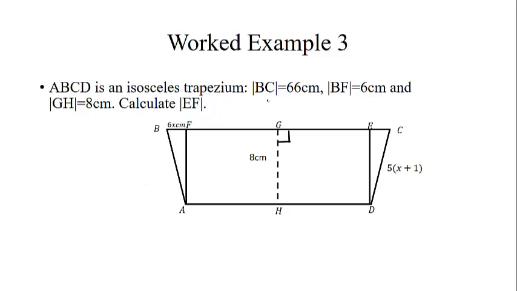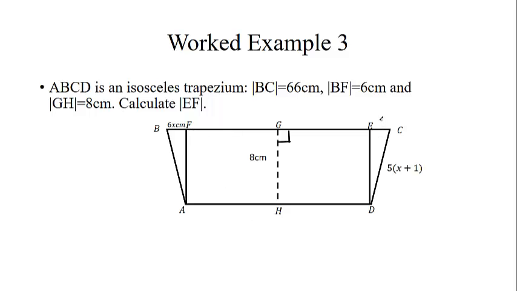ABCD is an isosceles trapezium, and we're given the measurement of BC to be 66 centimeters, then BF is 6 centimeters and GH is 8 centimeters. We are supposed to calculate the value of EF from here to here.